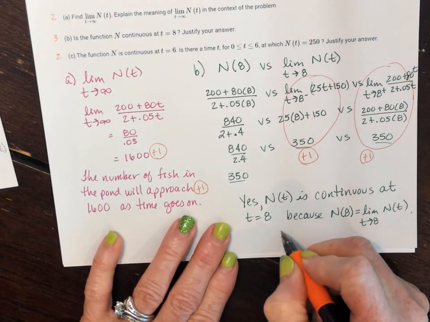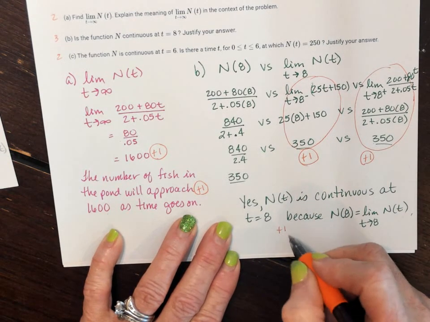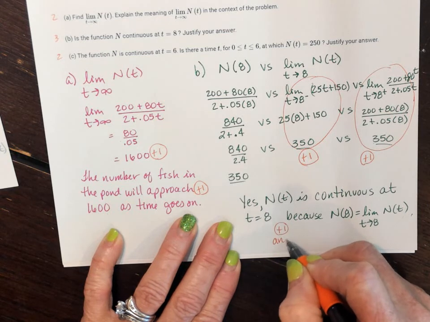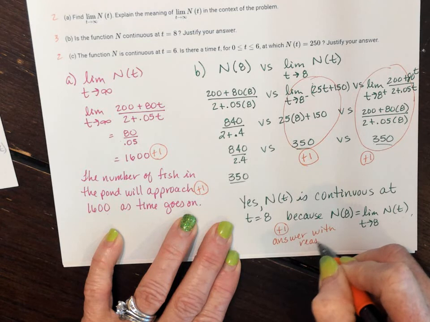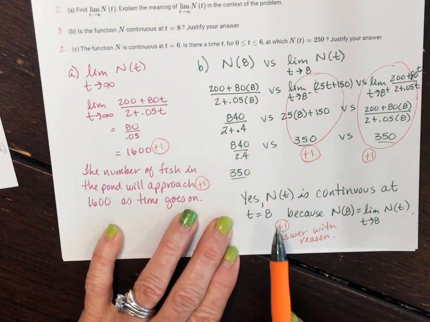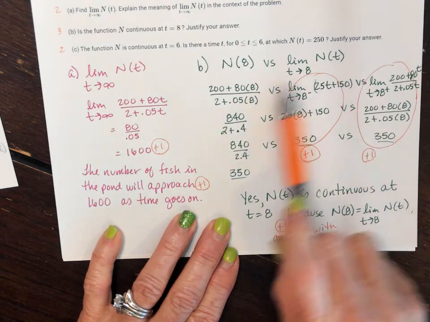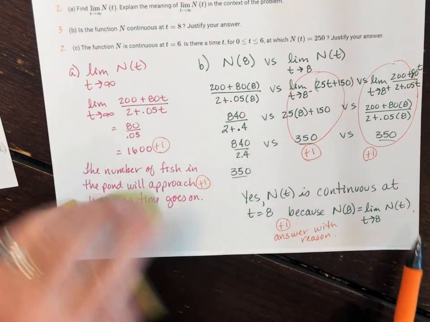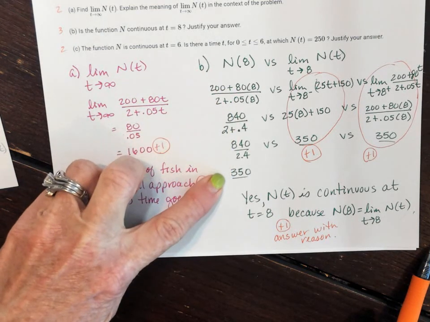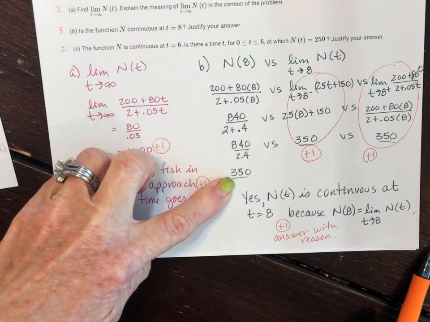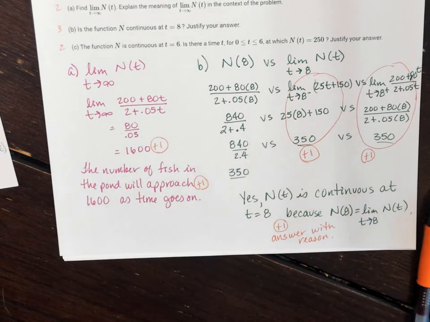And the third point comes from this explanation right in here, answer with reason. So they need to see a yes, but then they also need to see you tying this work together. While you don't get a point specifically for identifying this h of 8, you do need it when you pull it all together for that answer with reason.